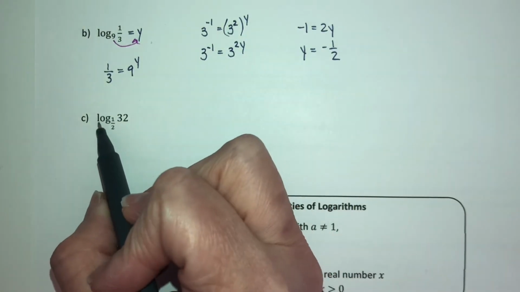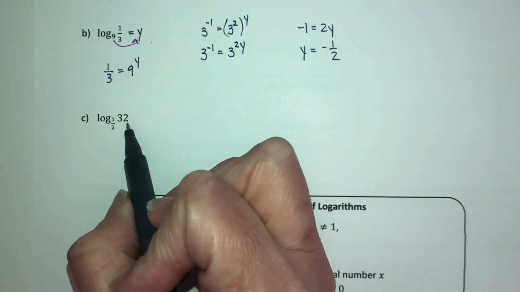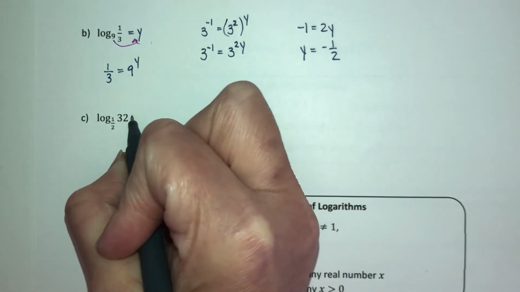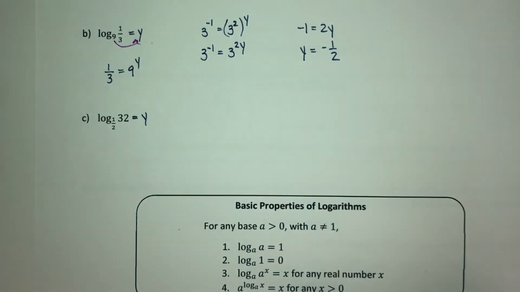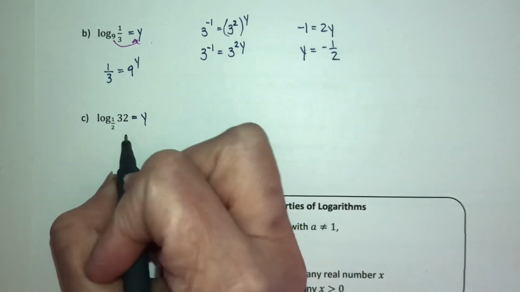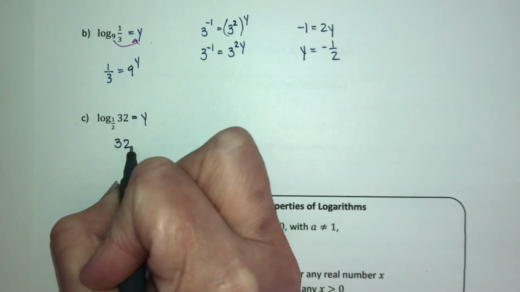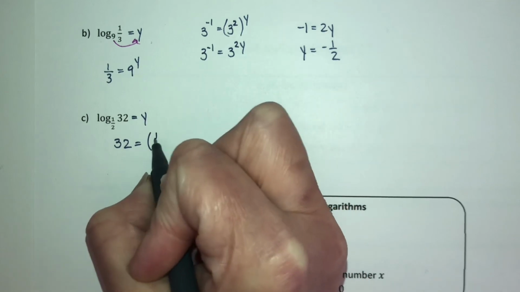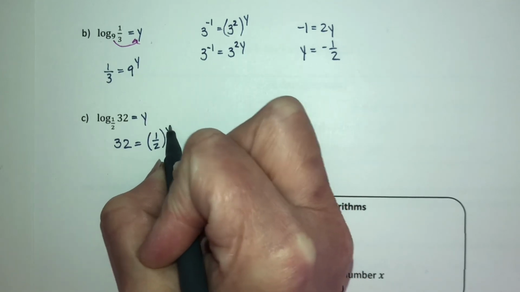All right, log base 1/2 of 32, set that equal to y. Now the 1/2 swoops over here, and you get 32 is equal to 1/2 to the y power.